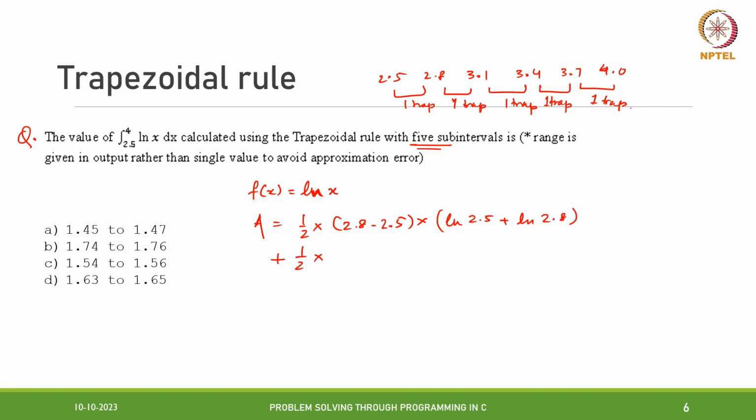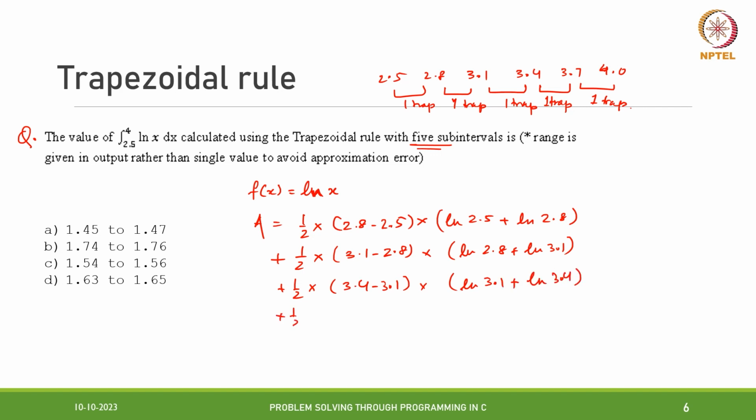Next we will have (3.1 minus 2.8) multiplied by (ln of 2.8 plus ln of 3.1). Similarly, we can write the third segment: (3.4 minus 3.1) into (ln of 3.1 plus ln of 3.4). Fourth segment would be (3.7 minus 3.4) multiplied by (ln of 3.4 plus ln of 3.7).